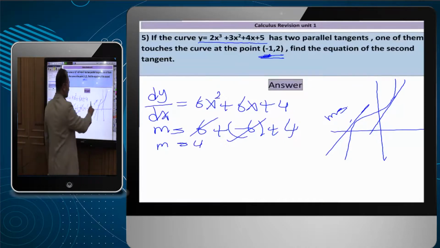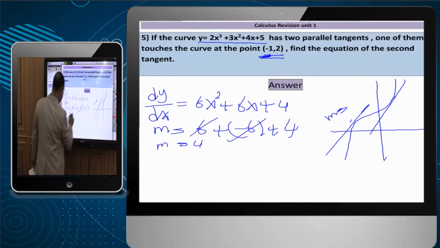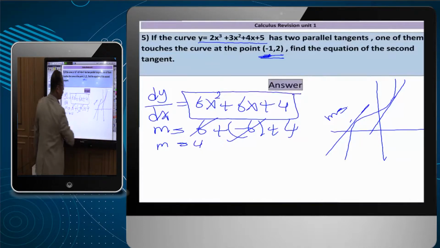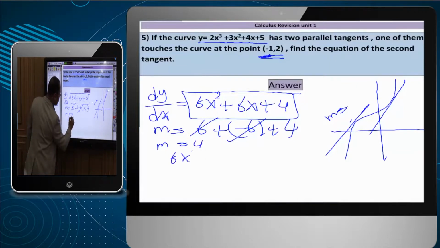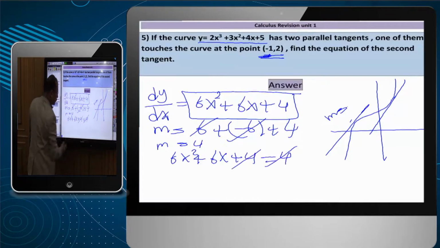Now we want to get the 2 points. One of them is given, the other we will find now. We can get the x value of any tangent with this relation: 6x squared plus 6x plus 4 equals 4. Cut 4 with 4, then 6x squared plus 6x equals 0.